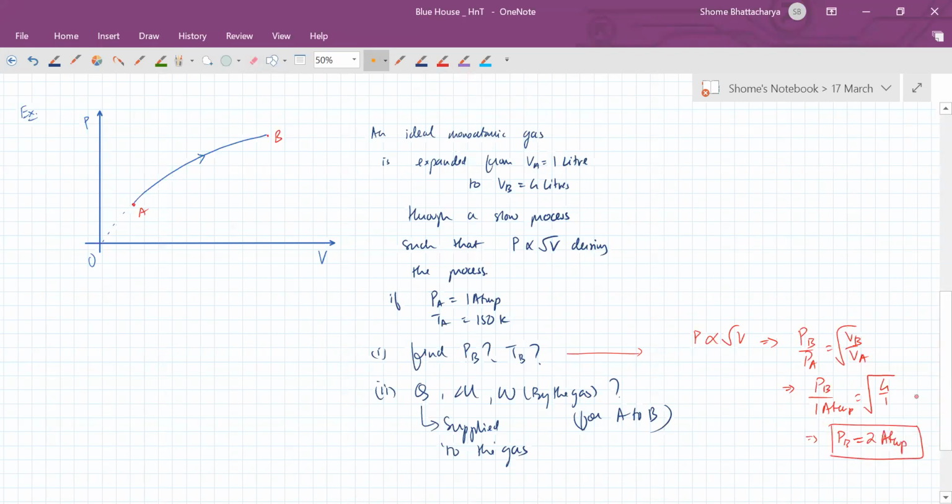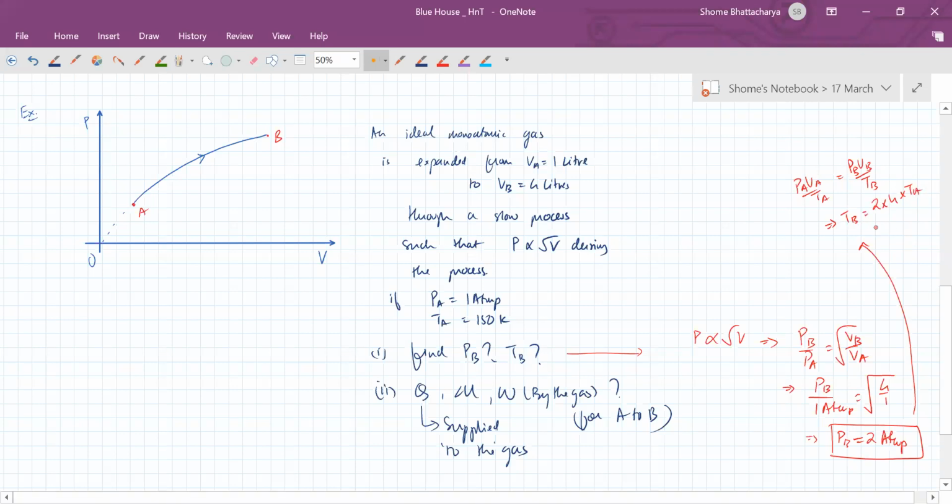And once pressure at B is known to be 2 atmospheres, you can use the ideal gas equation. So temperature should become 8 times temperature at A, 1200 Kelvin.